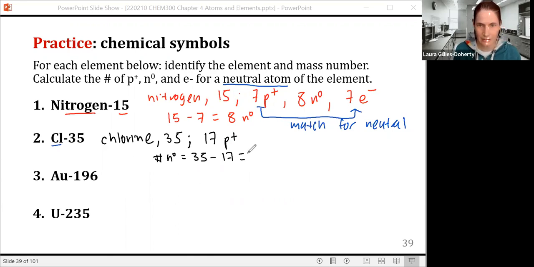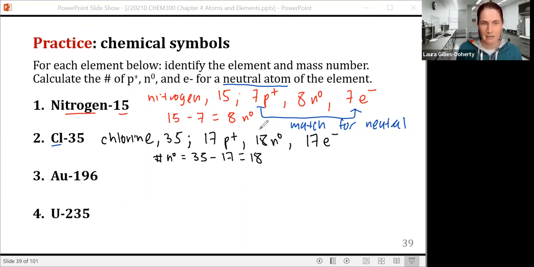So we have 18 neutrons. And this is a neutral atom of chlorine. So if we have 17 positive charges from the protons, we must have 17 negative charges from the electrons. So we must have 17 electrons.